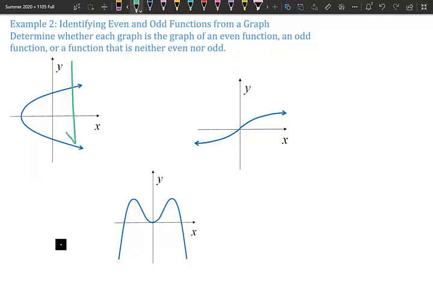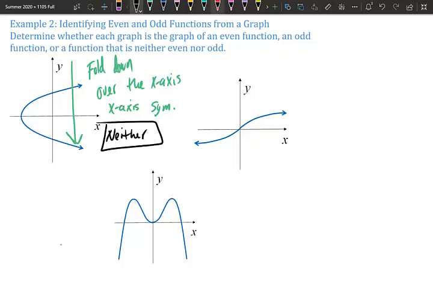I would fold it down, which is over the x-axis. Since it's over the x-axis, we would say this is x-axis symmetry. And x-axis symmetry has nothing to do with even or odd, so this would be neither.